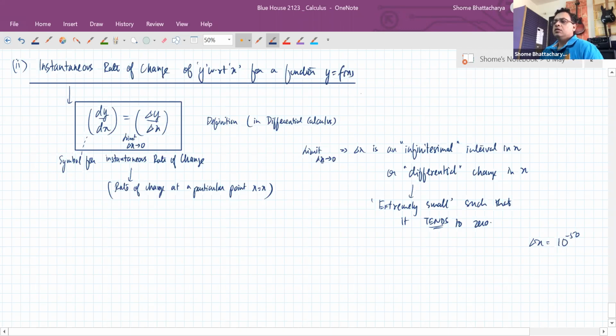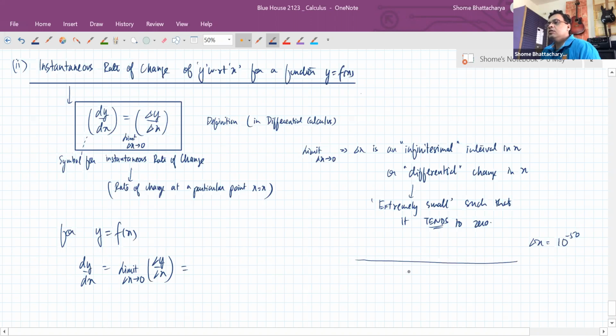So further, for y is equal to f(x), this function, dy by dx will become limit delta x tending to 0 of delta y by delta x. In this case, delta y by delta x was y2 minus y1 upon x2 minus x1, where y1 was f of x1 and y2 was f of x2.